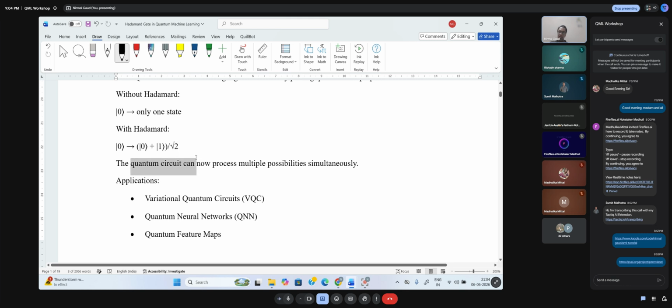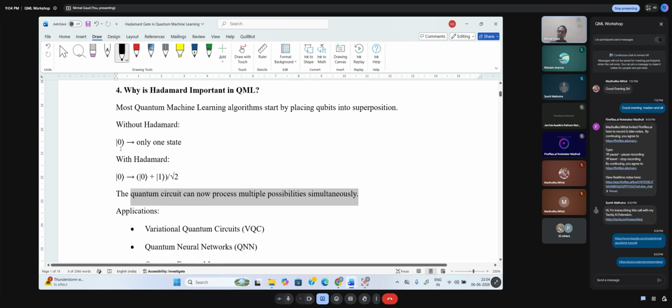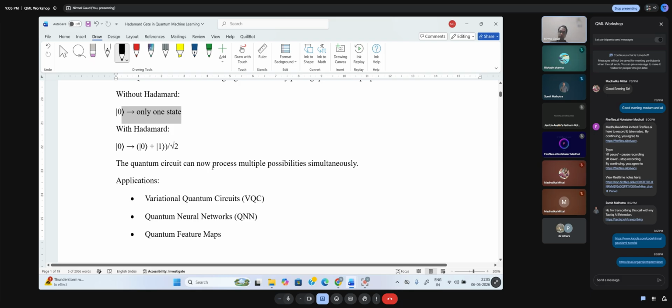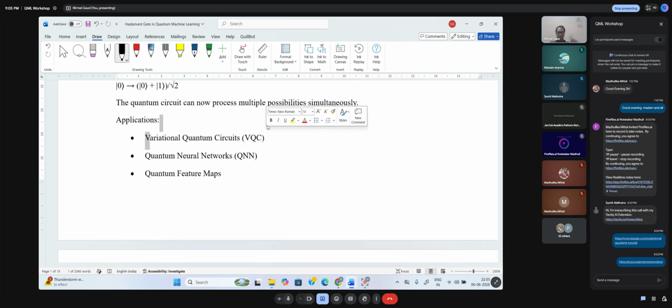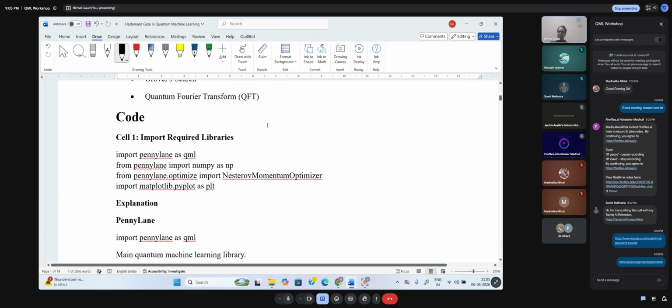This quantum circuit now processes multiple possibilities. If we had only the 0 state, passing only 0 into Hadamard, we can have multiple possible states. The applications are variational quantum circuits. That's what we are designing.